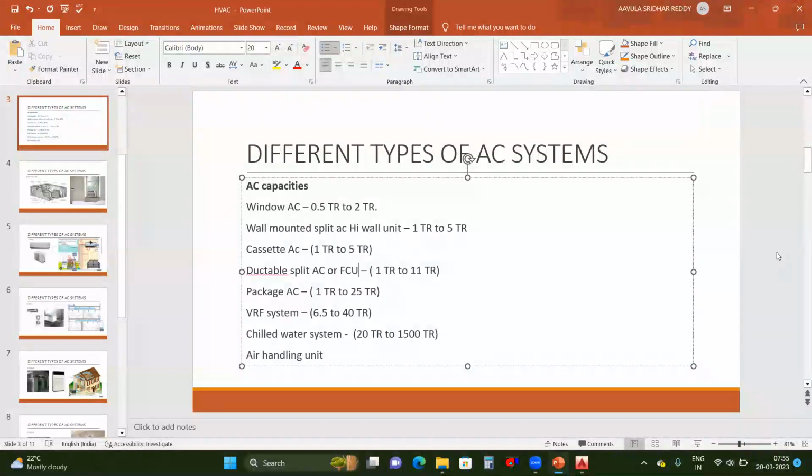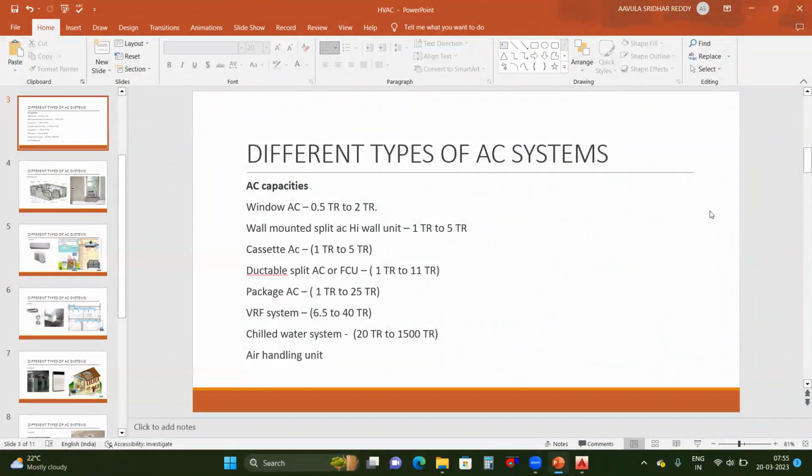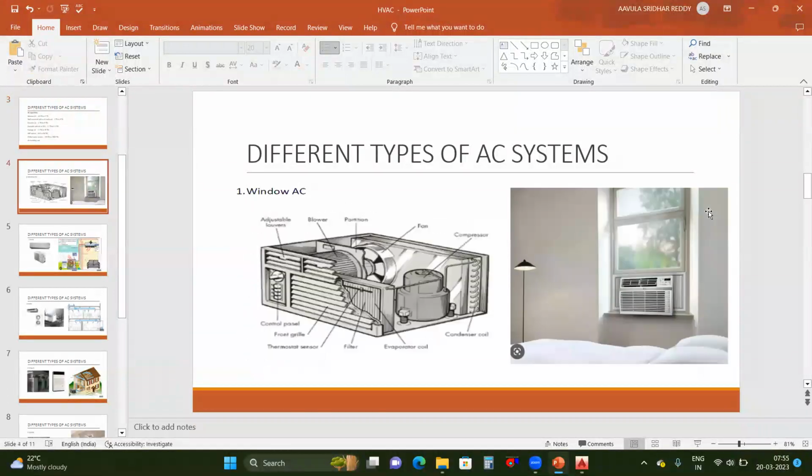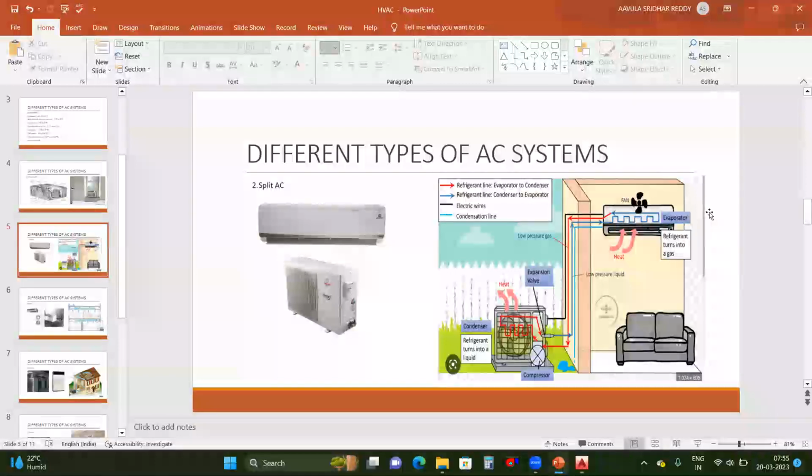At this stage, you can learn 1 to 4 TR as a fan coil unit, and after that you can consider it a ductable split AC. Slowly, if you get into the detail, you will understand it. So that is split AC, ductable or fan coil unit.